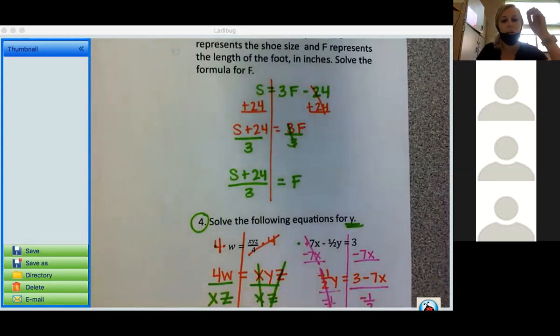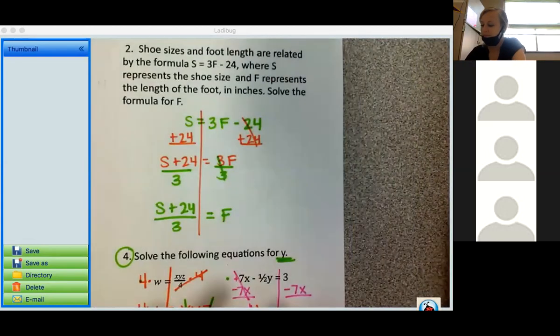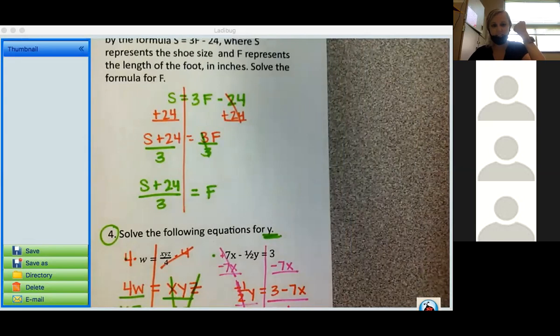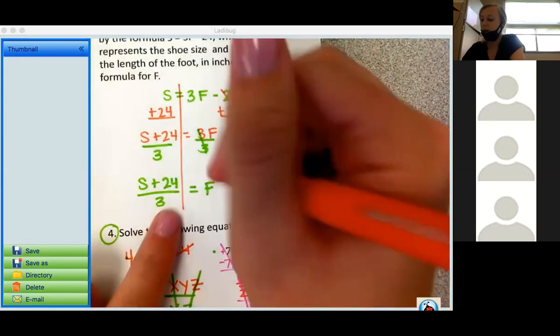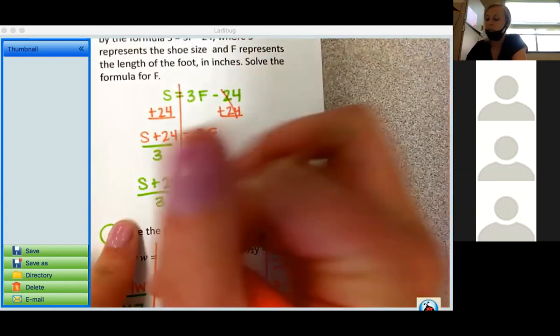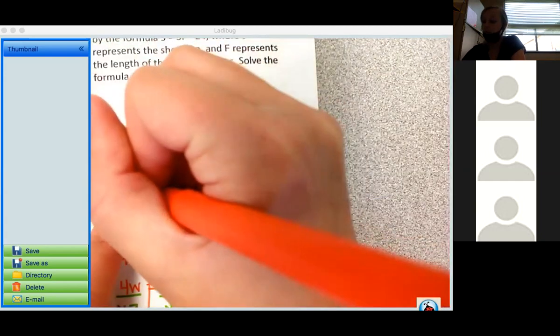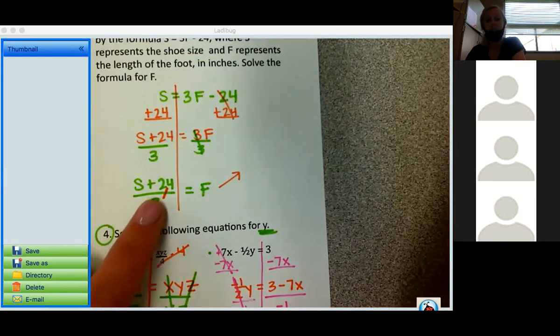Don't take away from my joy. All right. Who said they simplified it? Shania? Yeah. What'd you do, babe? Talk to me. So just divided the 24 by 3 and got 8. S equals F. Yes. Okay. So remember, I showed y'all yesterday how you could simplify it if the two numbers will simplify, right? You have to do both of the things over 3 because it says it's all over 3.